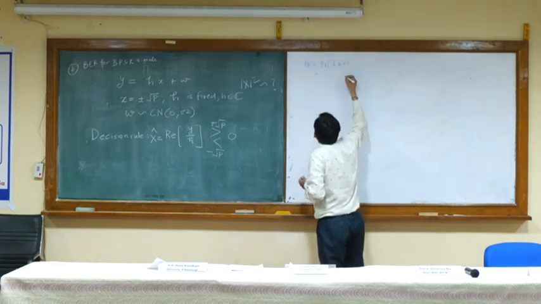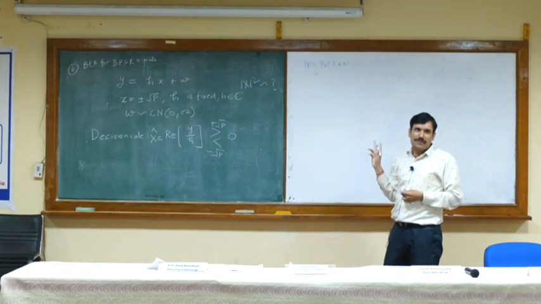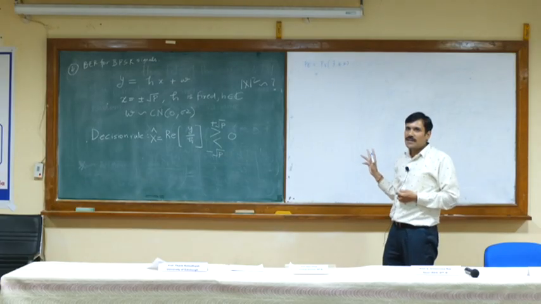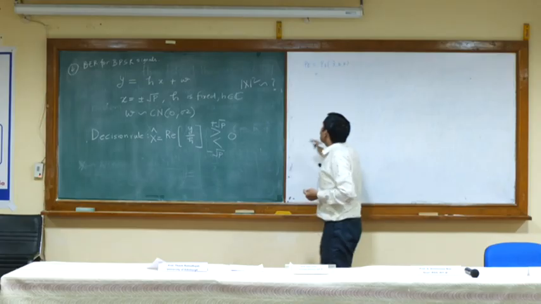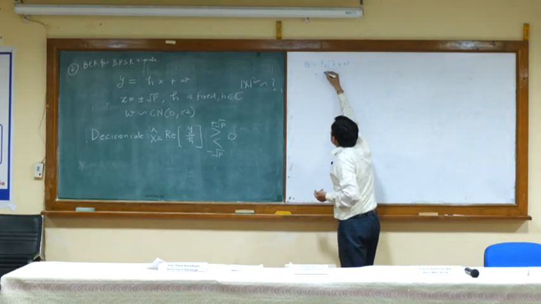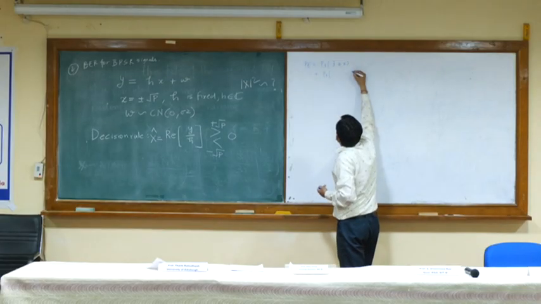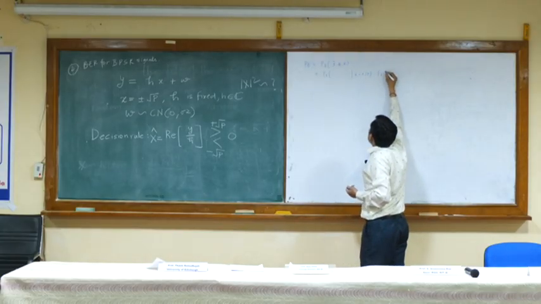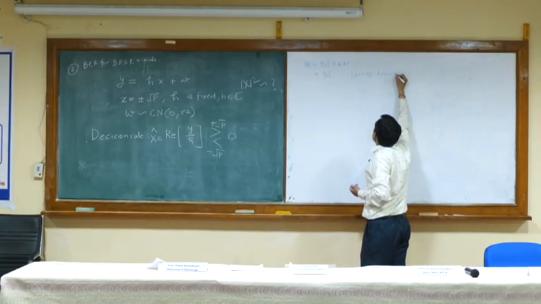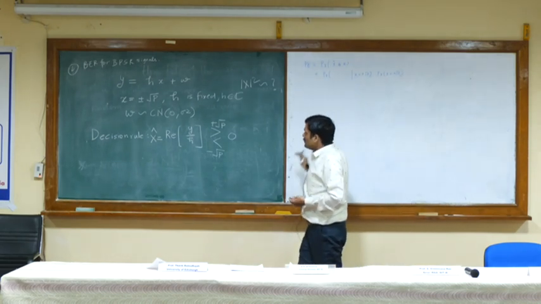So by this I can write, so I have two symbols. Either I am transmitting plus 1 or minus 1, or plus square root of p or minus square root of p. So I can write in terms of 2 here. Let's say I have transmitted x equals plus square root of p. So I have to write here probability x equals plus square root of p. So here, when does the error occur?